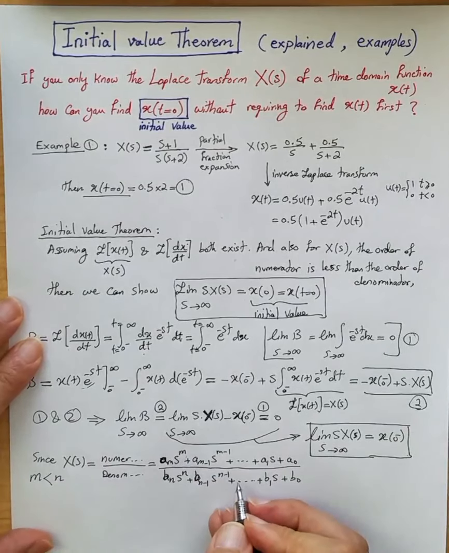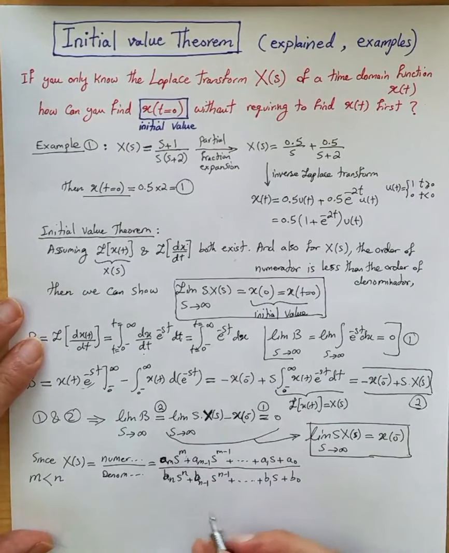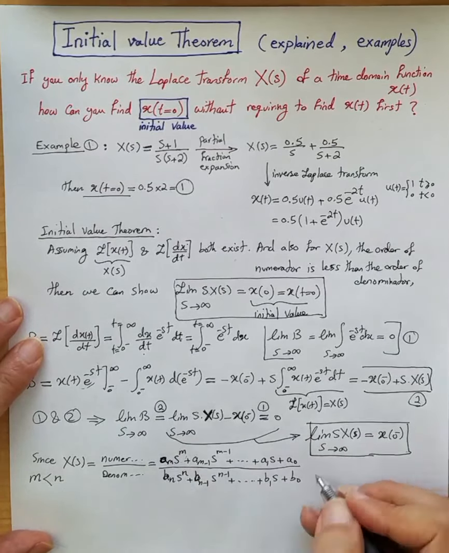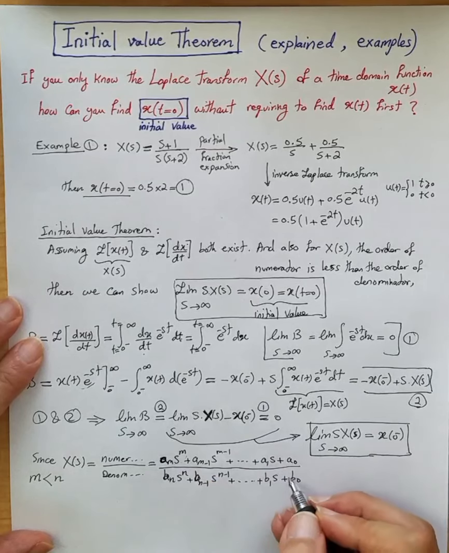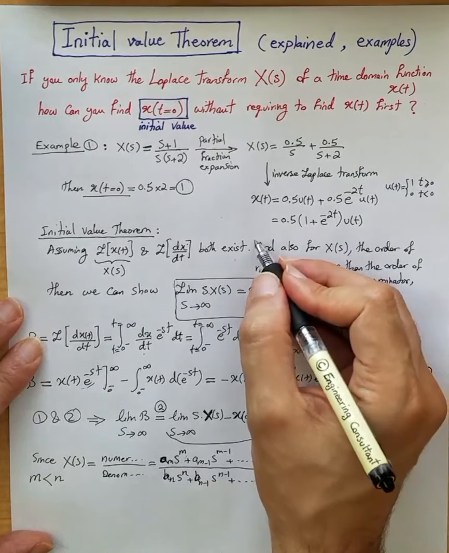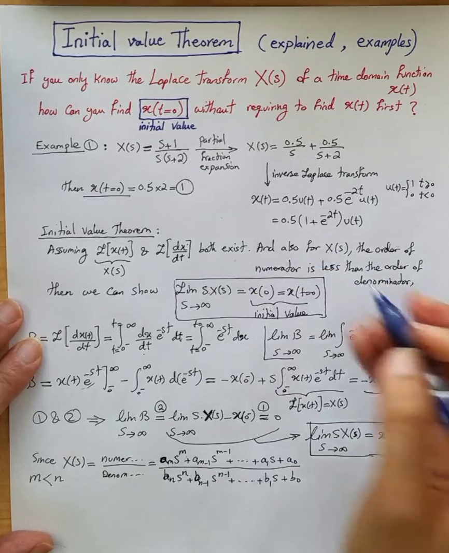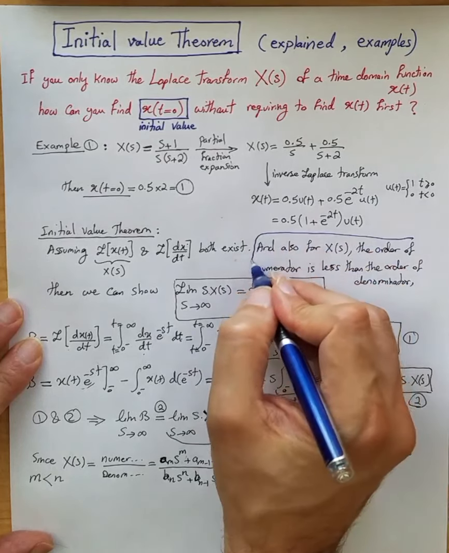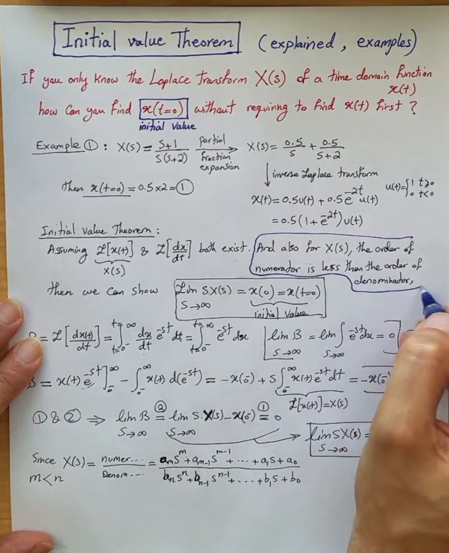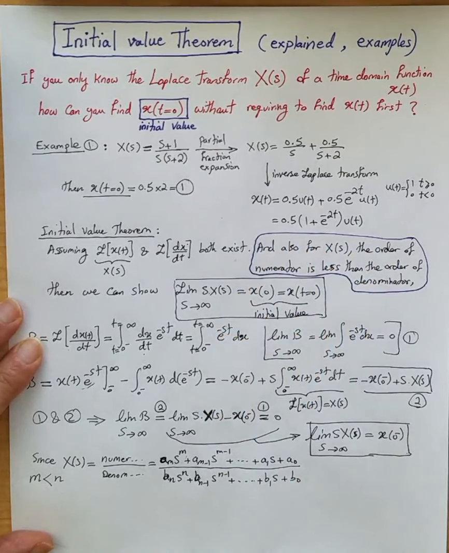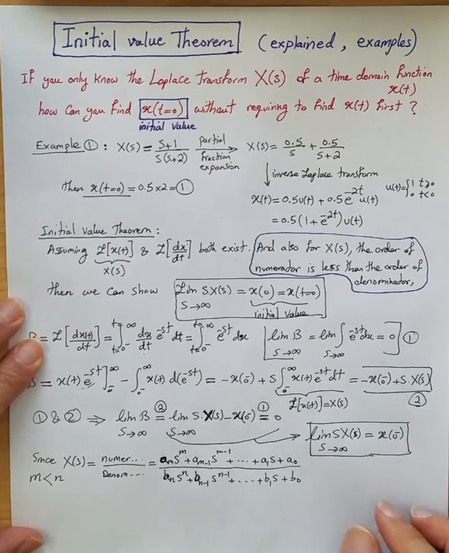With that condition, when s goes to infinity, this thing goes to 0. This requirement guarantees that there is no discontinuity at time 0 for the time domain function x of t.